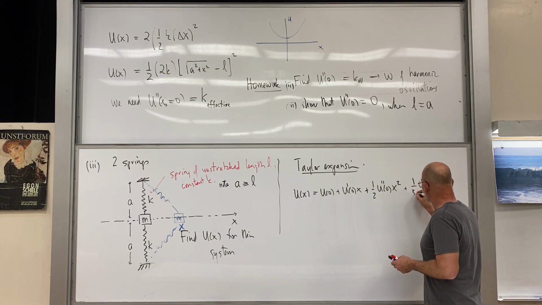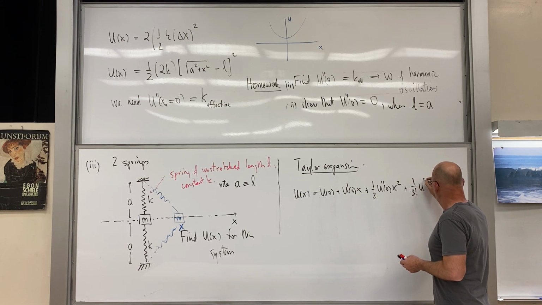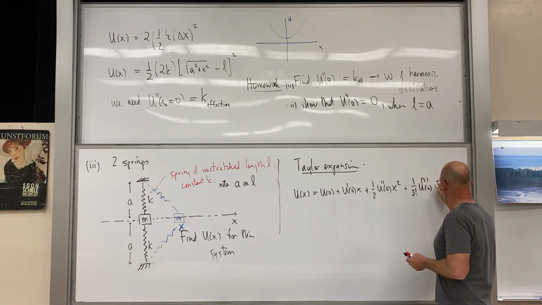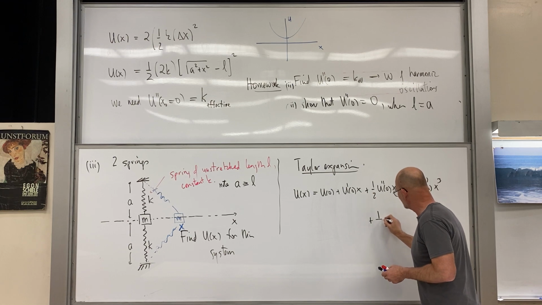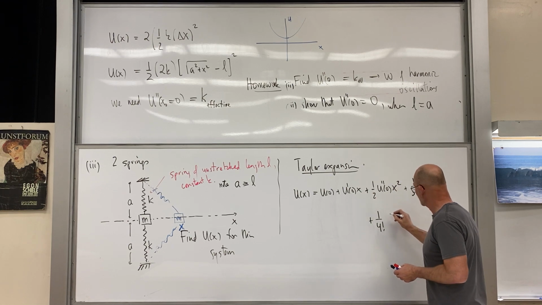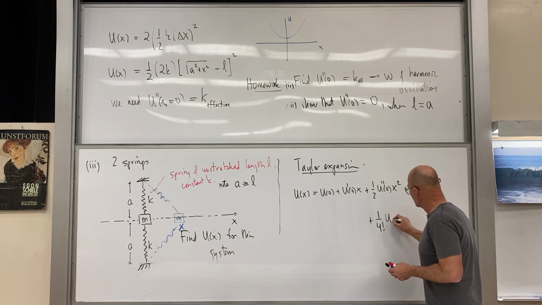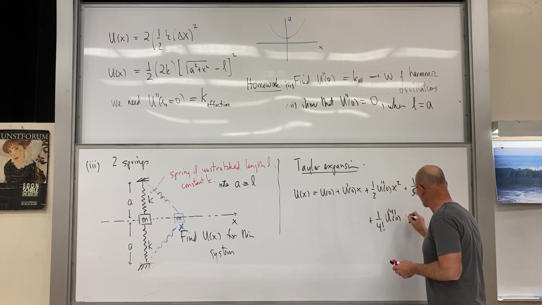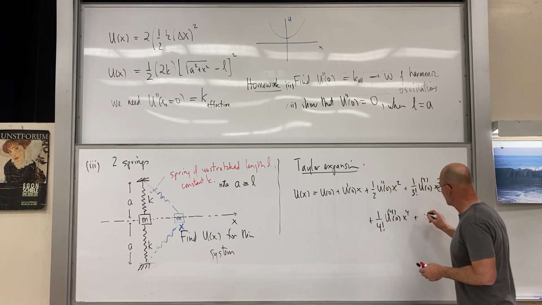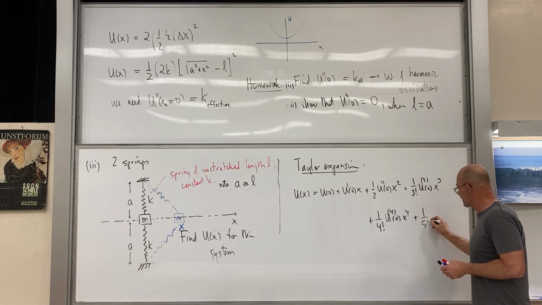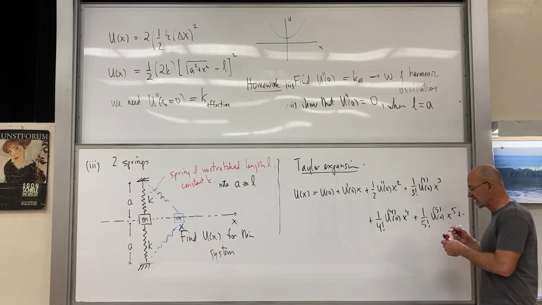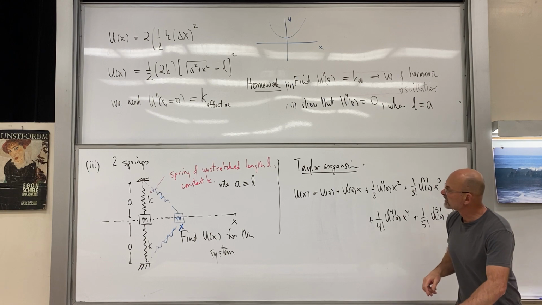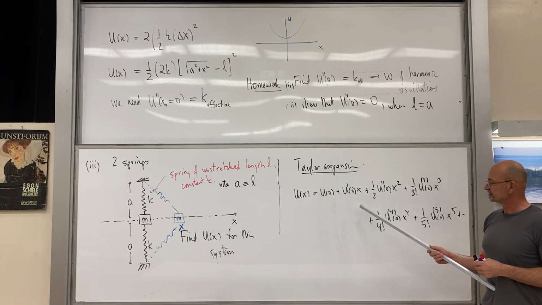Plus 1/3 factorial third derivative at 0, x cubed. And let's just keep going for a couple more. Fourth derivative at 0, x to the fourth, 5 factorial, fifth derivative of 0, x to the fifth. And we can keep going on. This thing will actually generate an infinite series.